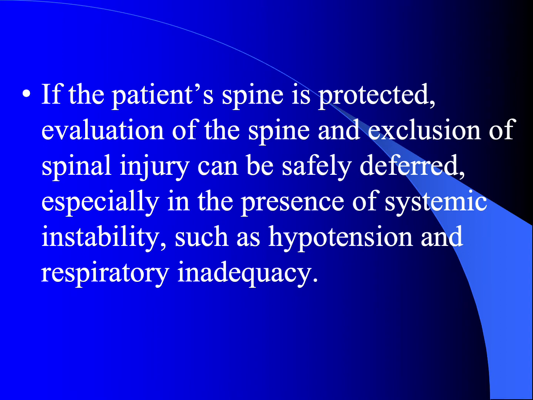For patients with potential spine injuries, excessive manipulation may cause additional neurological damage and worsen patient's outcome. If there's precaution to protect the spine, evaluation of spine and exclusion of spinal injury can be safely deferred while we secure the airway, breathing, and circulation in unstable trauma patients.